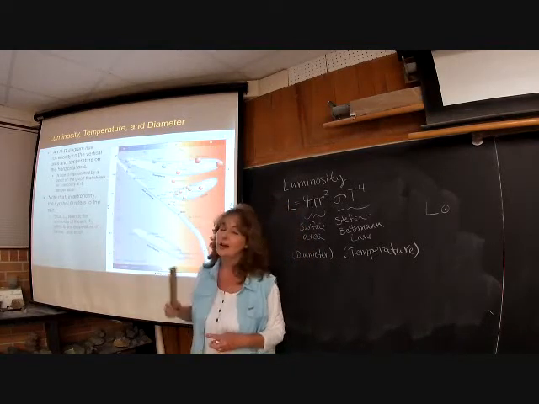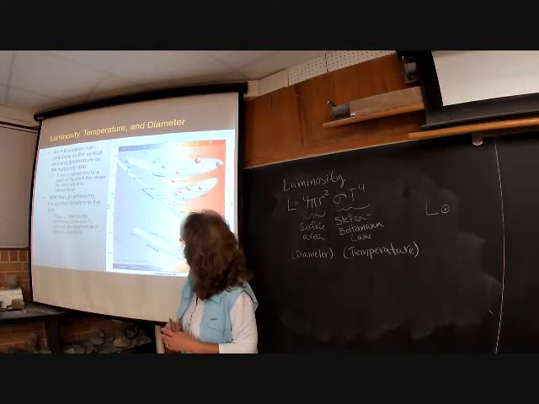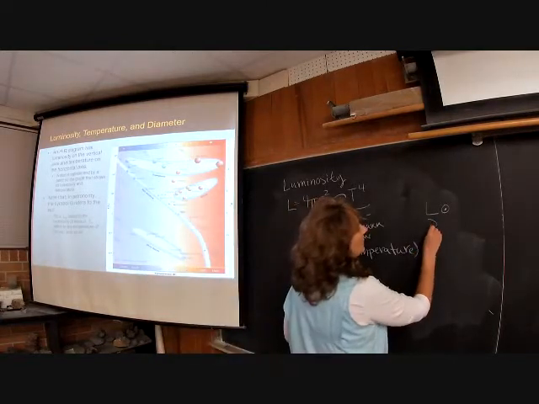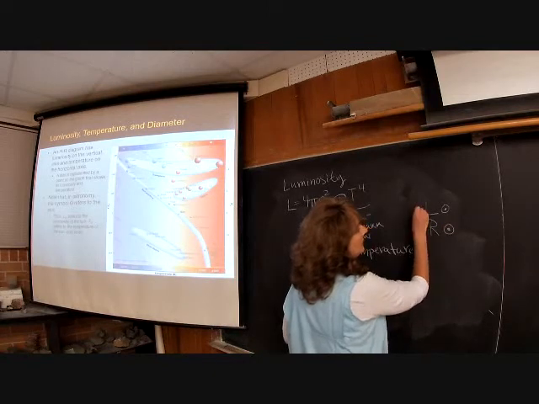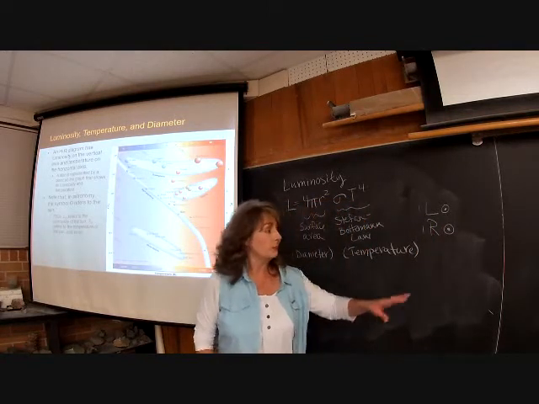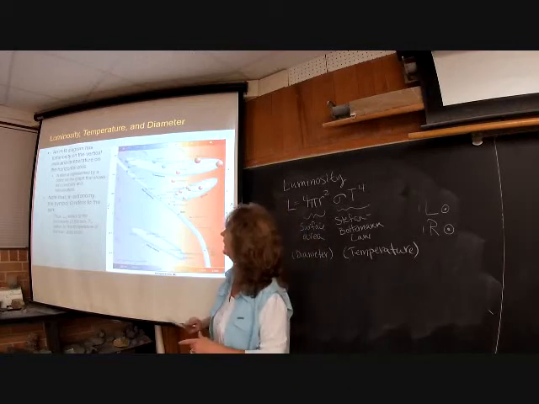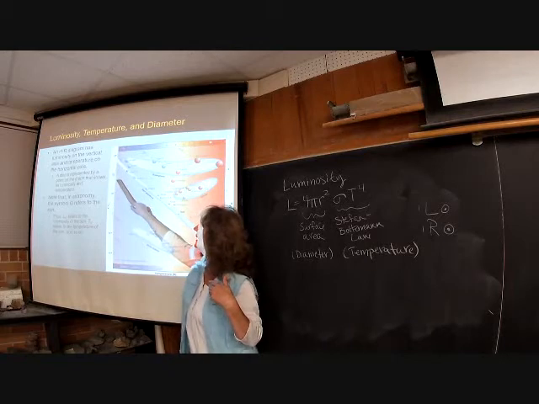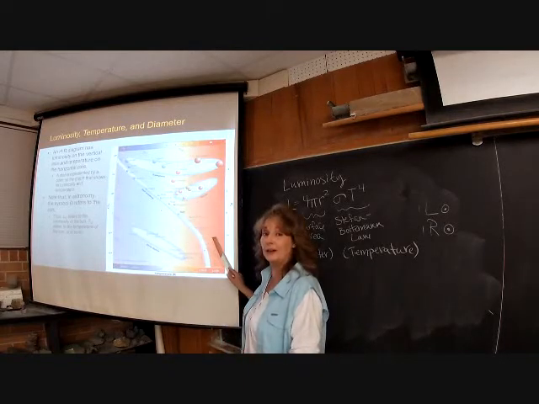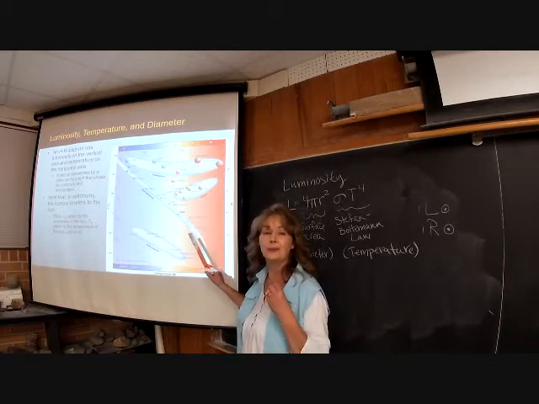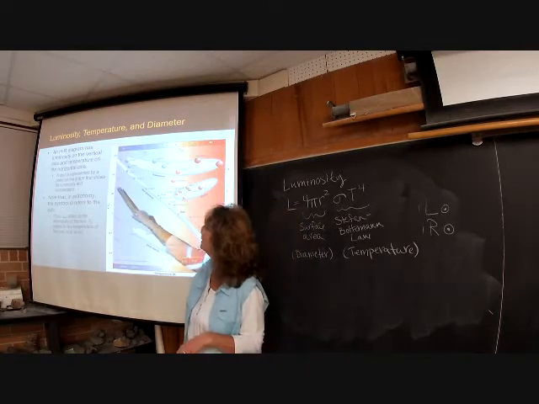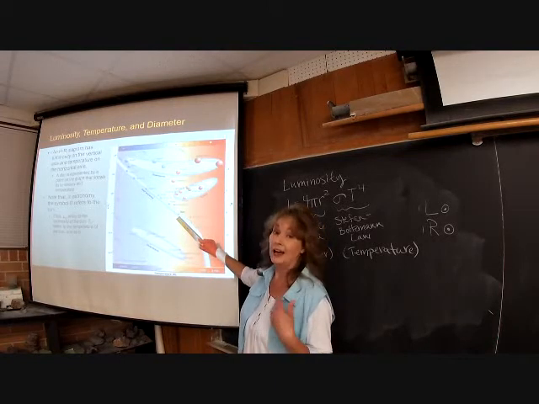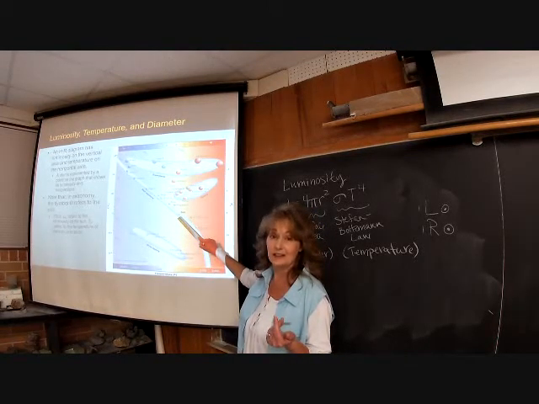Right along here we've got 1 R, R with this, that's what the radius of the sun is. And so that's this one. Notice how this goes from the upper left and kind of slants down toward the lower right. So those lines there have to do with the radius of the star. And so anything along this line here that happens to be on that line there is the same radius as the sun.